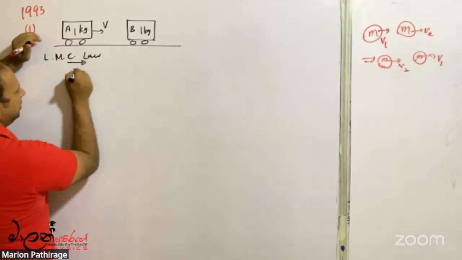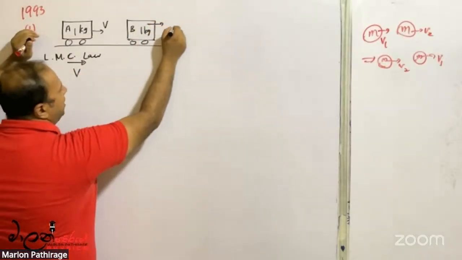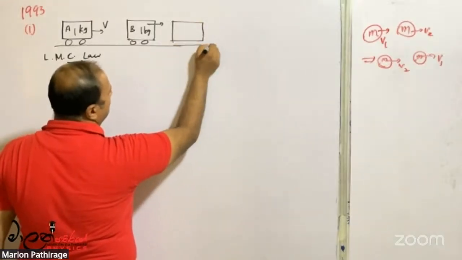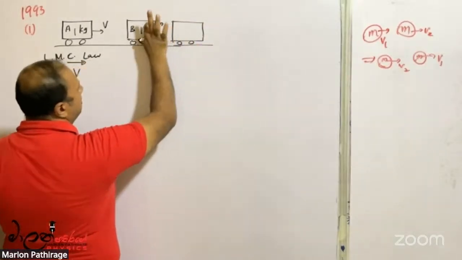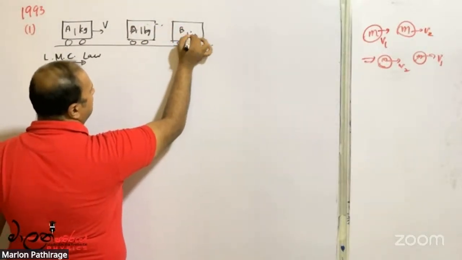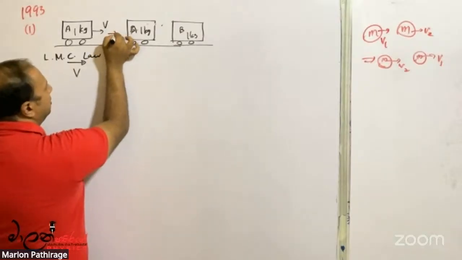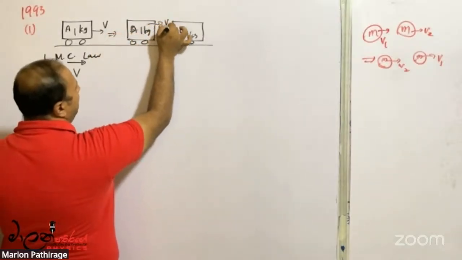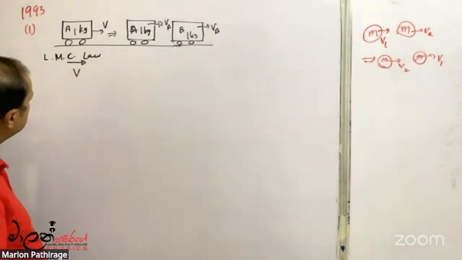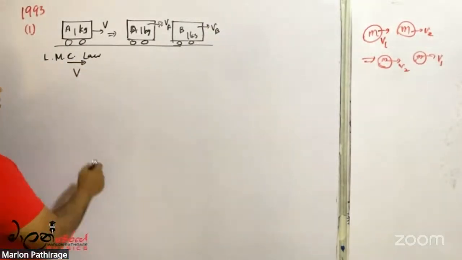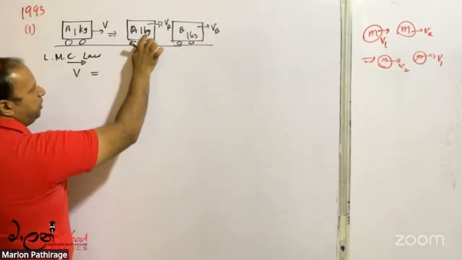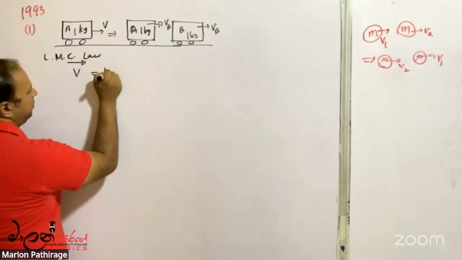Final momentum: this one is VA, this one is VB. The final momentum is VA plus VB, because mass is 1.